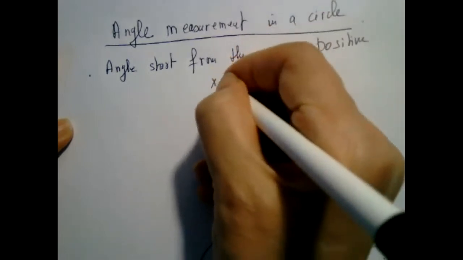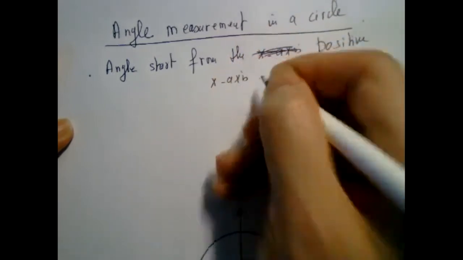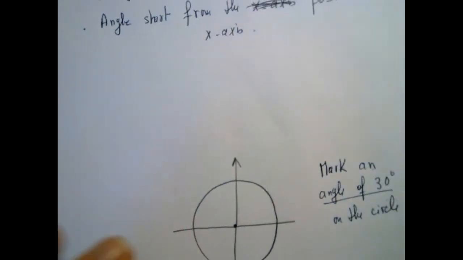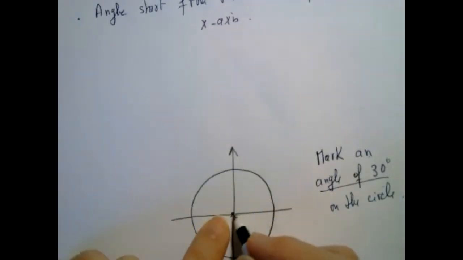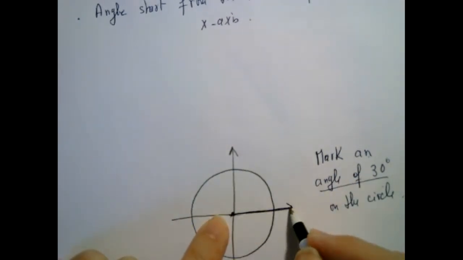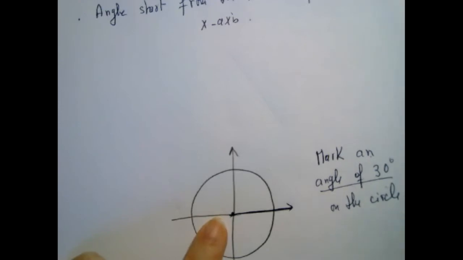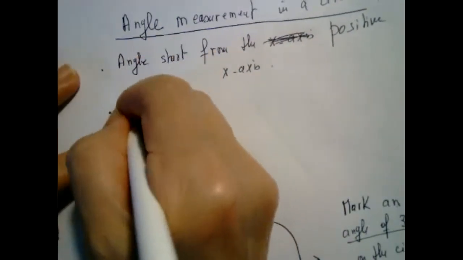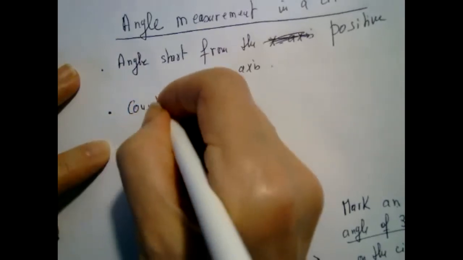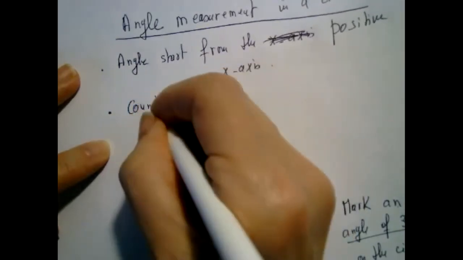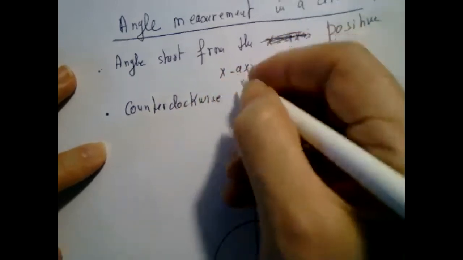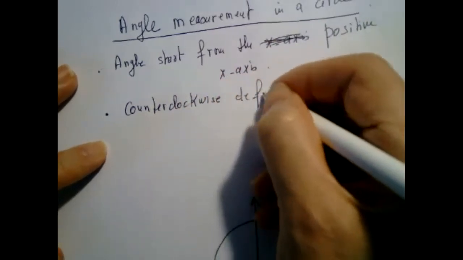Positive is crucial. Step number one: I tell you to mark an angle of 30, and we always start from the positive x-axis, and that's how we start measuring the angle. Part two: moving counterclockwise on the circle. Counterclockwise is defined to be positive angle.